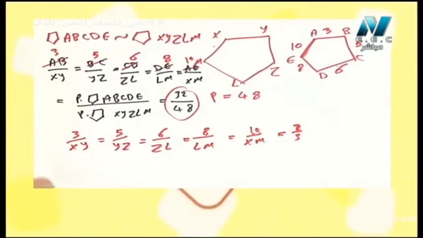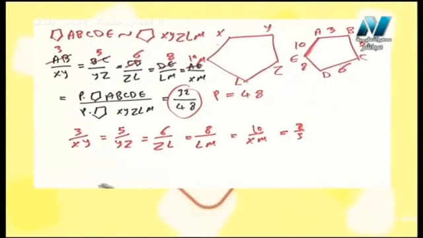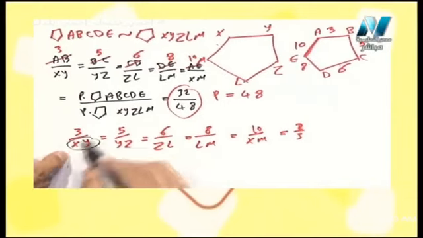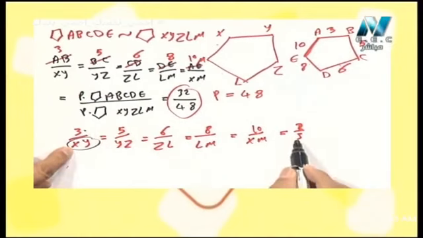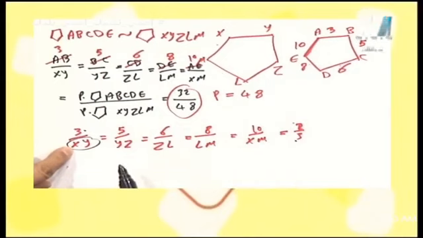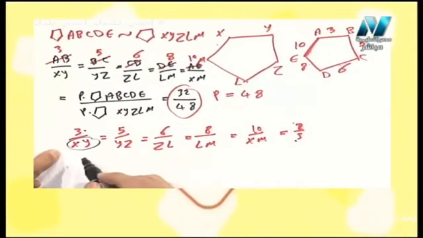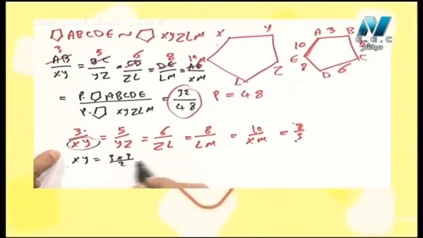Making cross multiplication here to find XY, we multiply 3 by 3, divided by 2. XY equals 3 times 3 over 2, so it's 4.5.